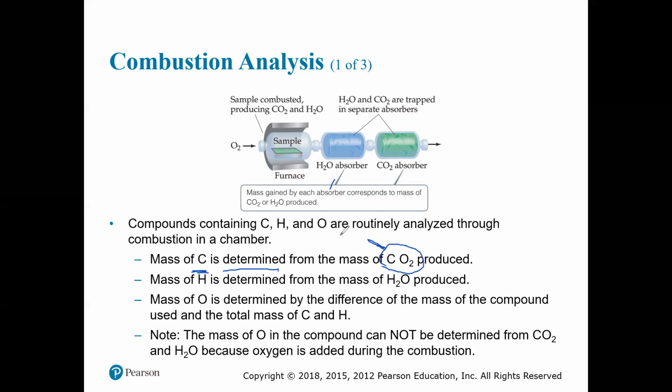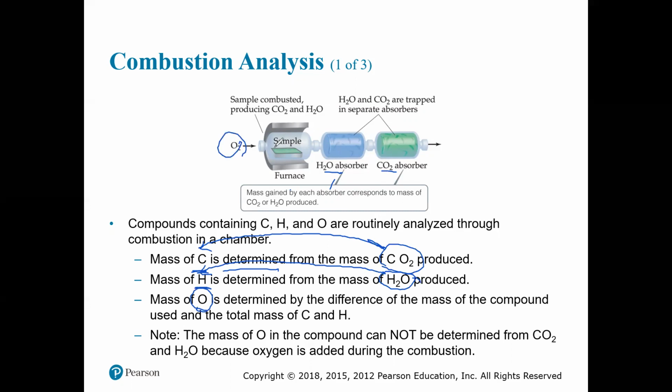Okay, so we go from the CO2 to get our carbon value. Hydrogen, we are figuring out from the water produced. So water tells us something about our hydrogen. Oxygen, we don't get the oxygen value from the product. Why? Because we've actually added oxygen to the system, so that number wouldn't be correct.